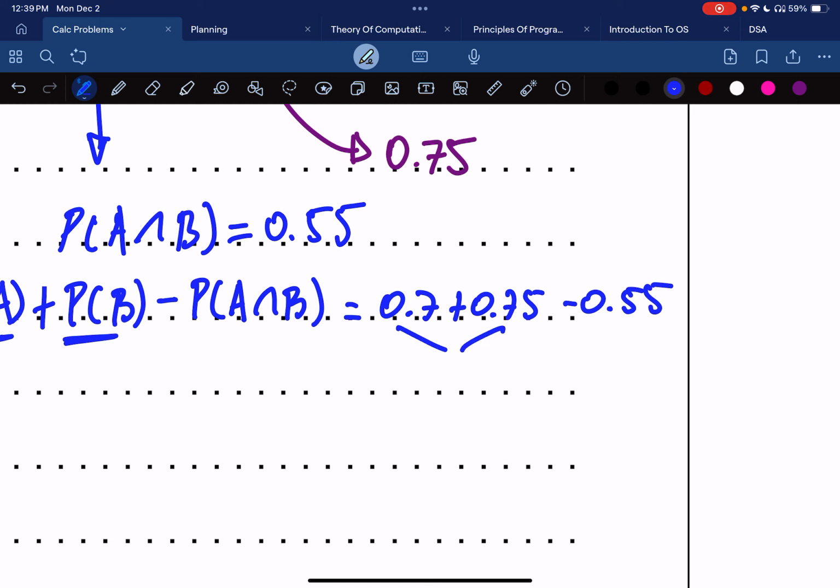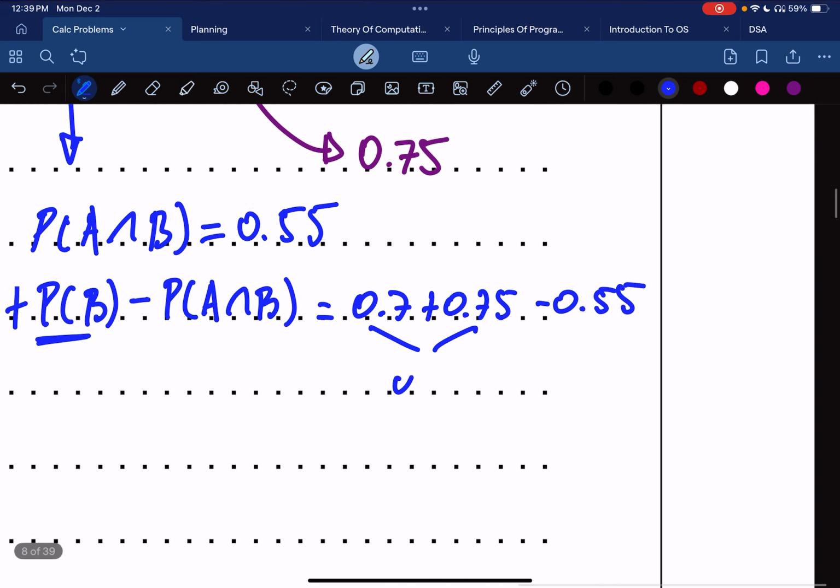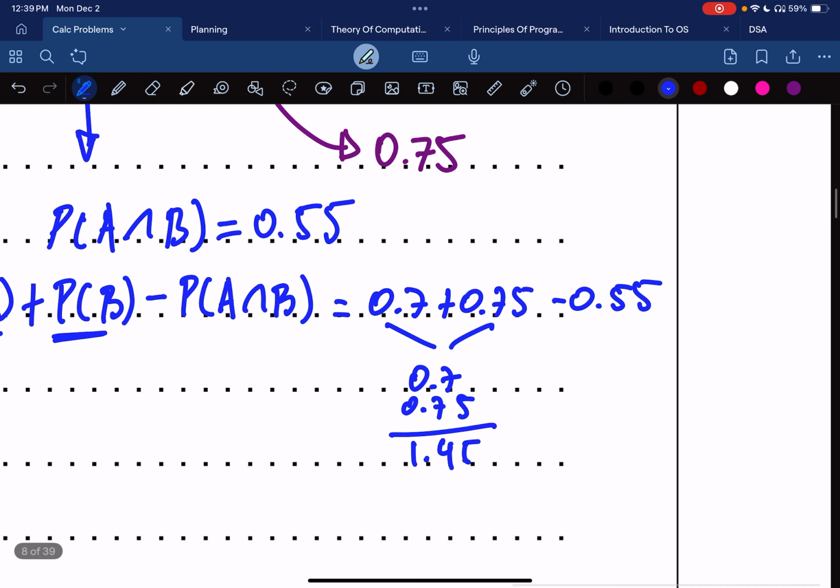So if I do this one, I'll get 1.5 minus, oh, sorry. So I'm just gonna do the math here. So this would be 1.45 minus 0.55.